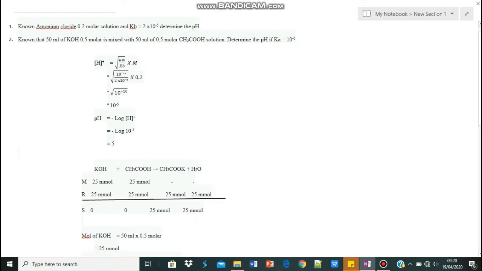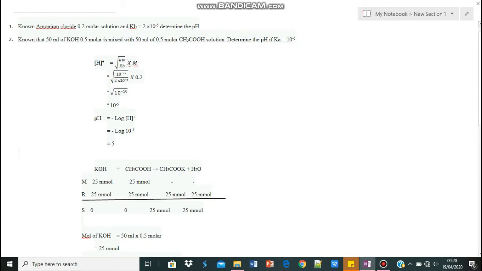To calculate H plus, we use the formula root of Kw divided by Kb and multiplied by M. This is the molarity of salt.